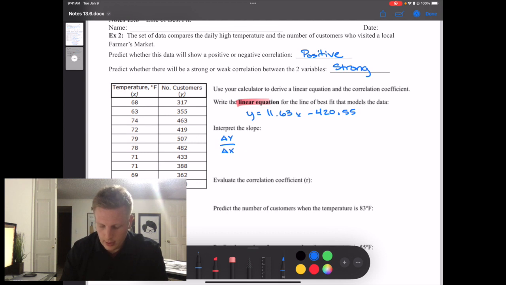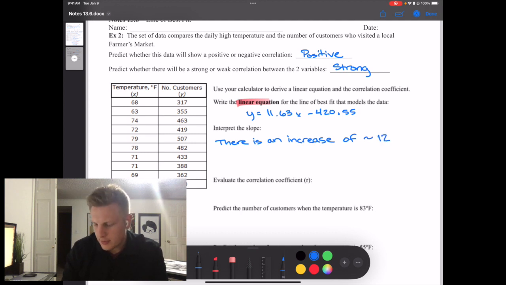And so when I am talking about how to interpret this, we can say it's positive, so it's going up. So there is an increase of, let's see, 11.63.